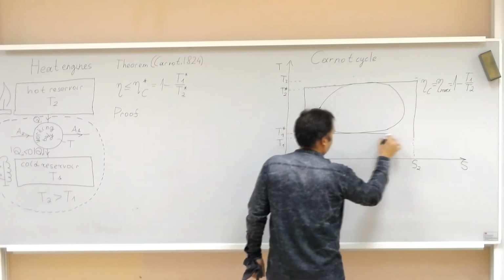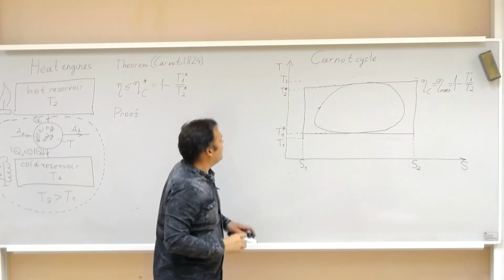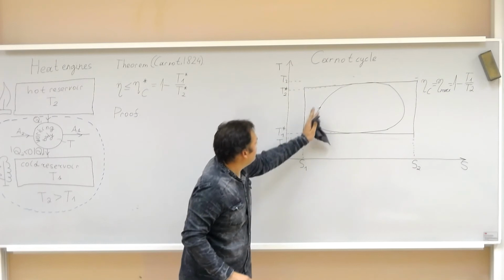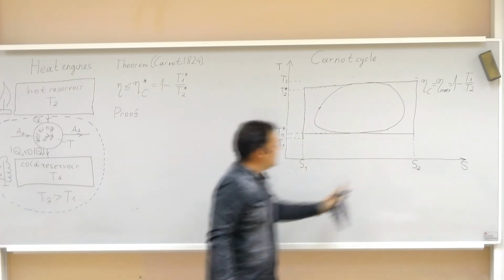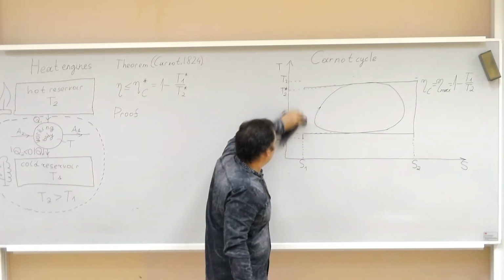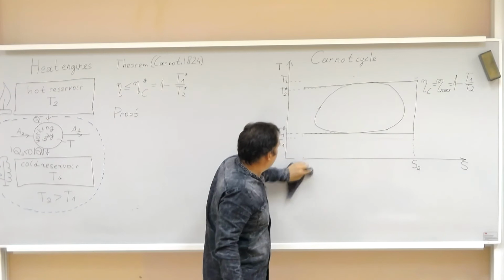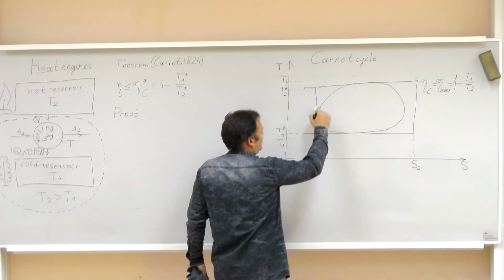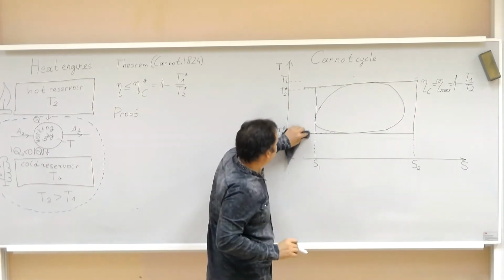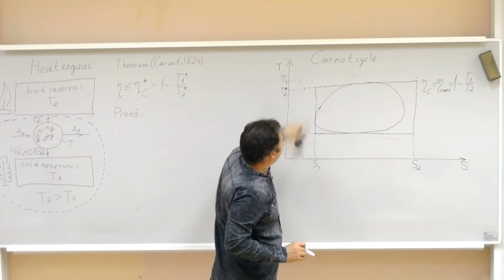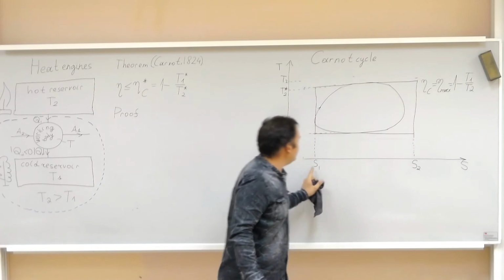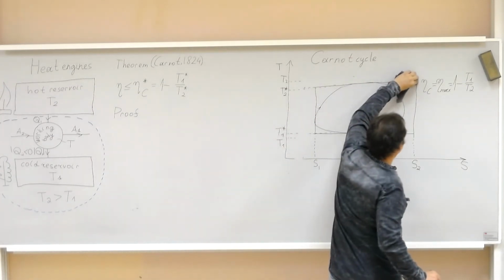And I will take the minimal value of entropy equal to the minimum entropy of this cycle and the maximum value of entropy equal to the maximum entropy of this cycle. So I will write the Carnot cycle in this way. This does not spoil anything because the efficiency of the Carnot cycle does not depend on the values of entropy S1 and S2.